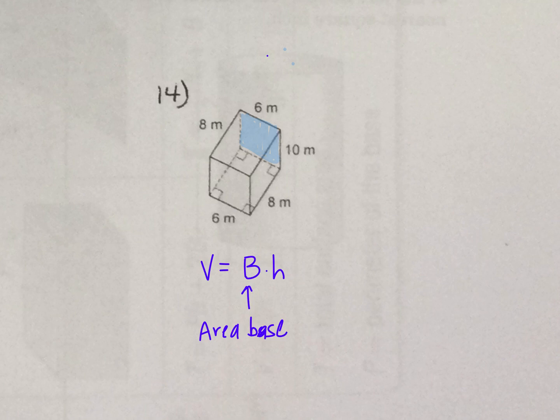So that's what we're going to use as our base. So I need to find the area of that. So it's just a 6 by 10. So the area is 60. So now I have my big B. And then the height would be the length of that side right now, which is 8. So plug in those to get the volume of that shape.